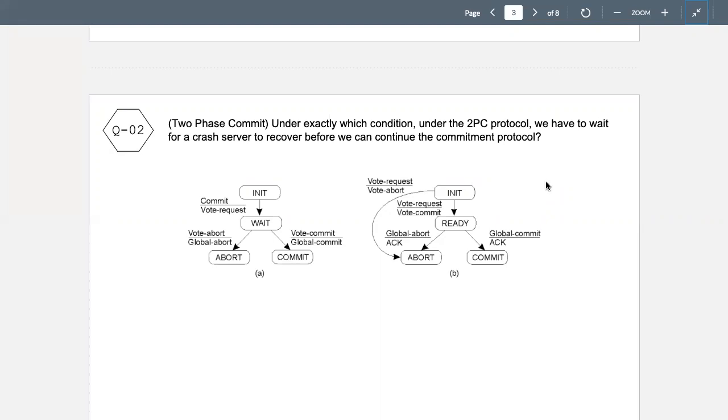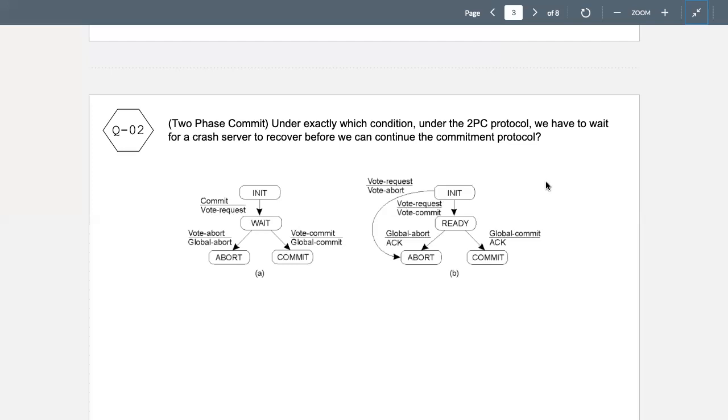The exact condition for that behavior is that all the good servers are in wait state, and there is at least one server crashed, and the coordinator also crashed. Okay, so that's the exact condition.